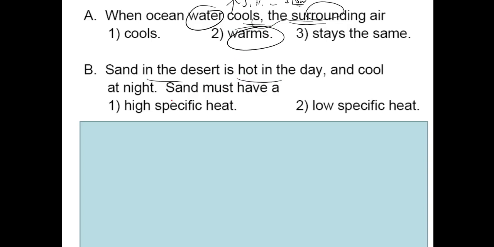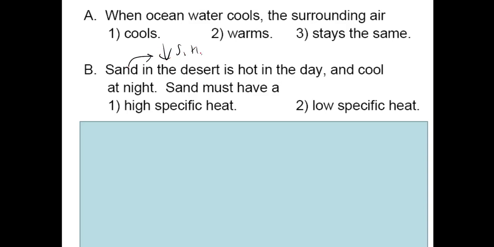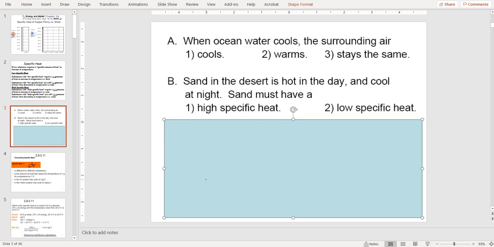Sand in the desert is hot in the day and cool at night. So in this instance, sand has a low specific heat, and because it has a low specific heat, it very quickly gives off its energy and changes in temperature, as opposed to very quickly gains the energy. So it gets very hot during the day and gets very cool at night.